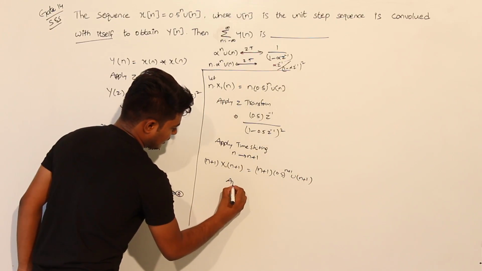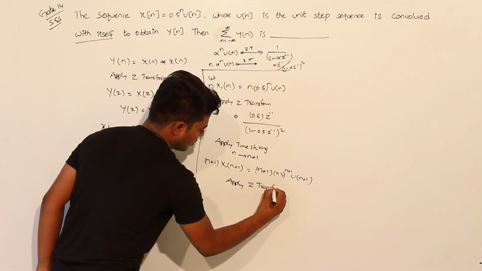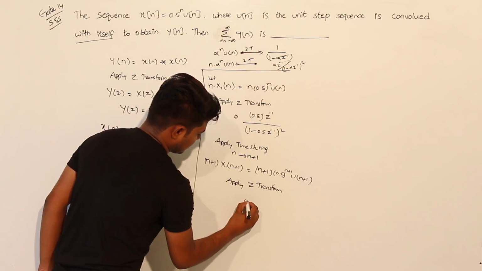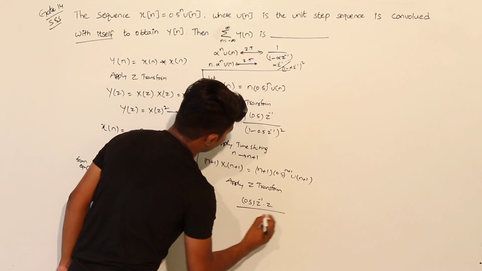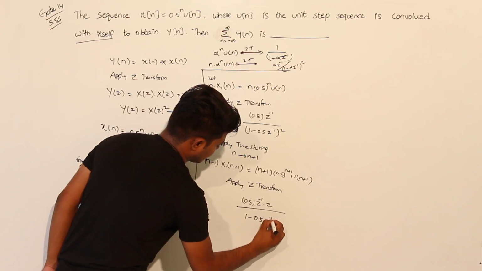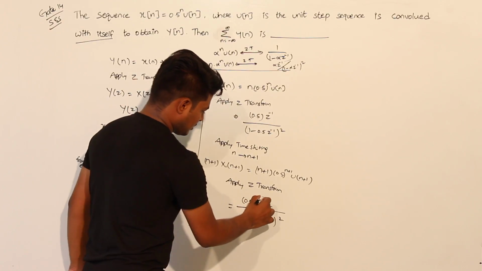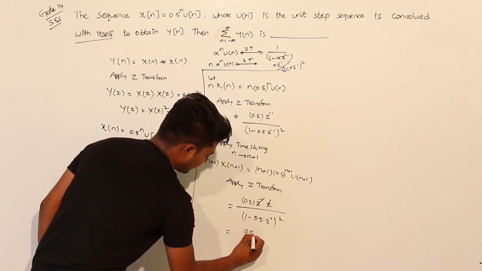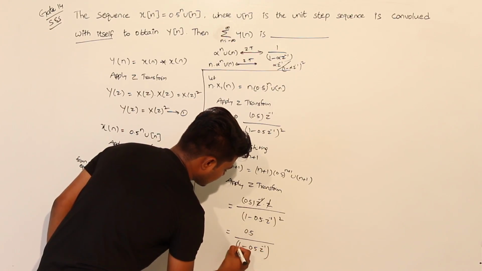Apply the same z transform to this also, and you will get 0.5 z inverse into z by (1 minus 0.5 z inverse) whole square. Now z inverse cancels, that is equal to 0.5 by (1 minus 0.5 z inverse) whole square.